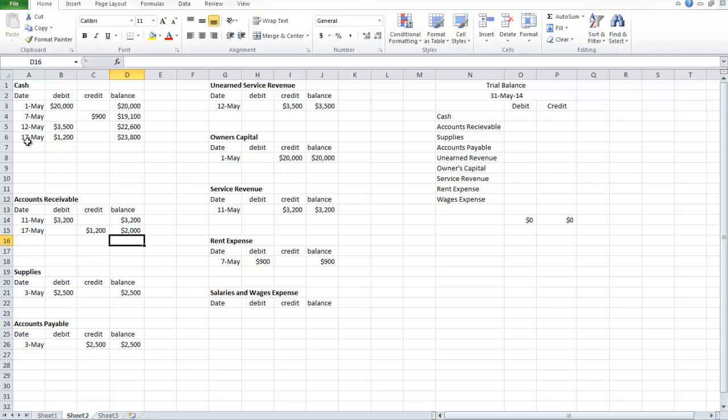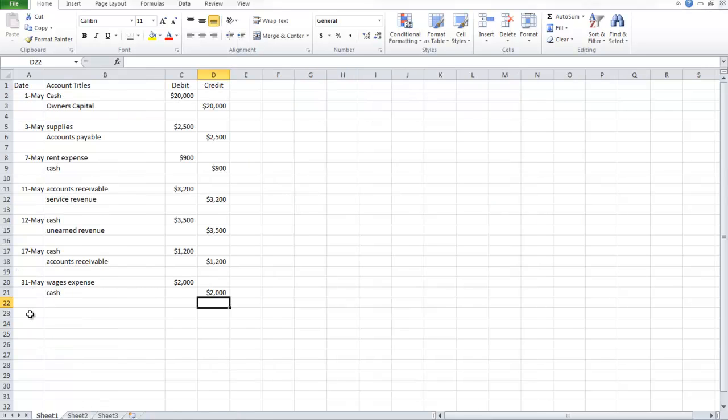Then on the corresponding accounts, we reduce cash by $2,000. And we increase wages expense by $2,000.